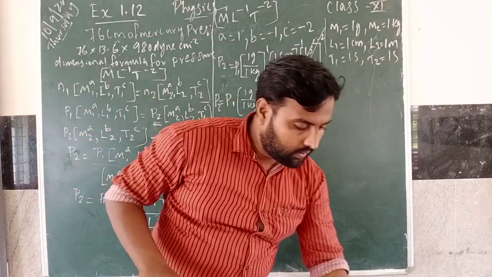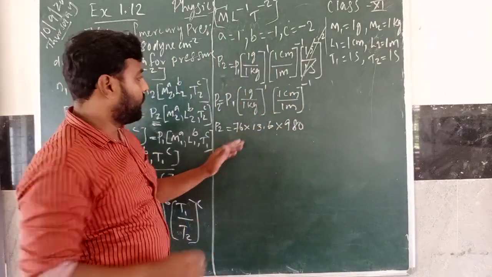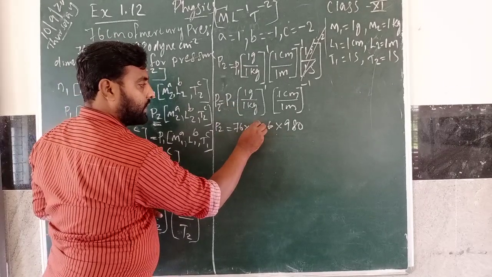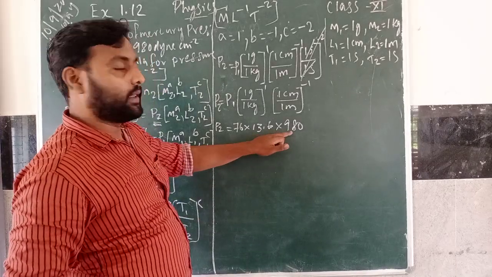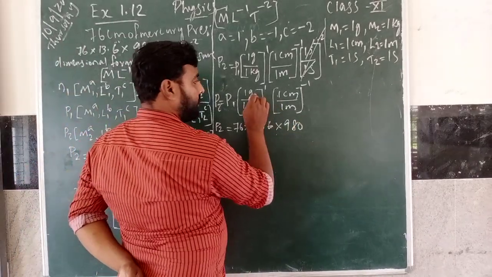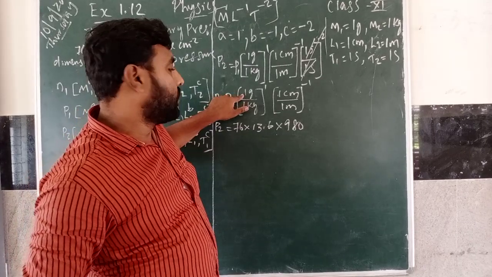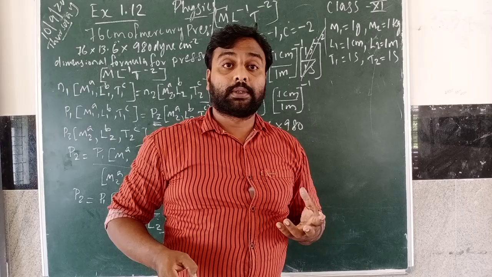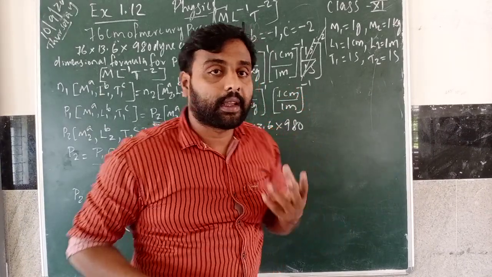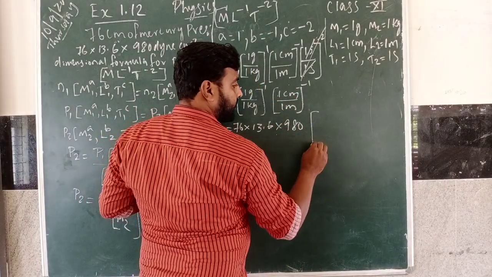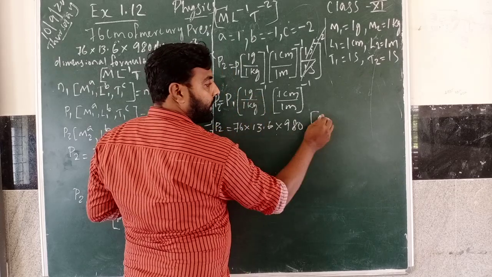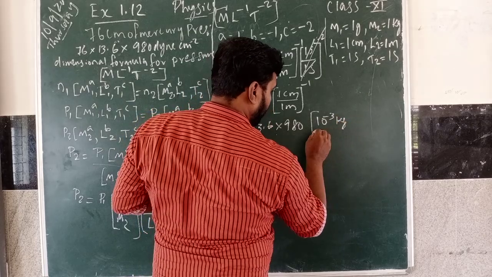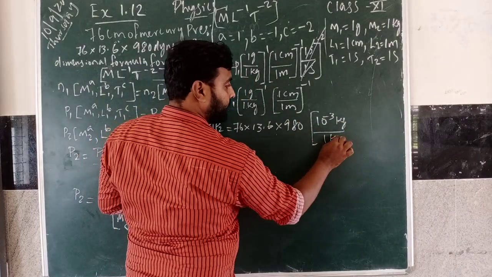Instead of P1, we write 76 into 13.6 into 980. Then you have to convert this 1 gram to kilogram. You know the conversion: 1 gram is 10 to the power minus 3 kilogram. So instead of 1 gram, you can use 10 to the power minus 3 kilogram by 1 kilogram.